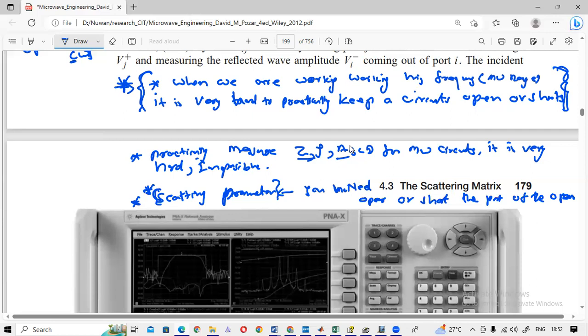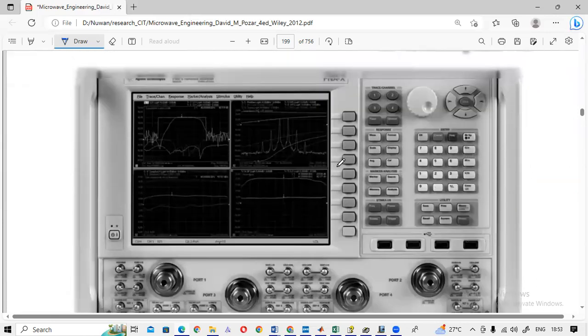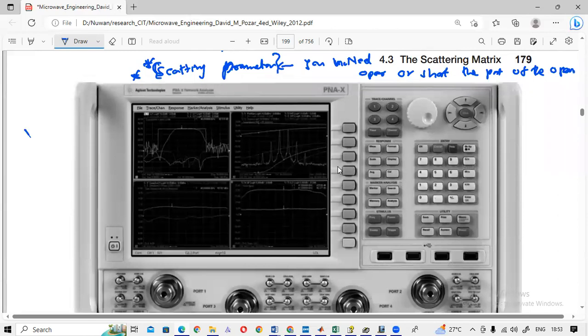This instrument we call a network analyzer. There are two types: vector network analyzer and scalar network analyzer.